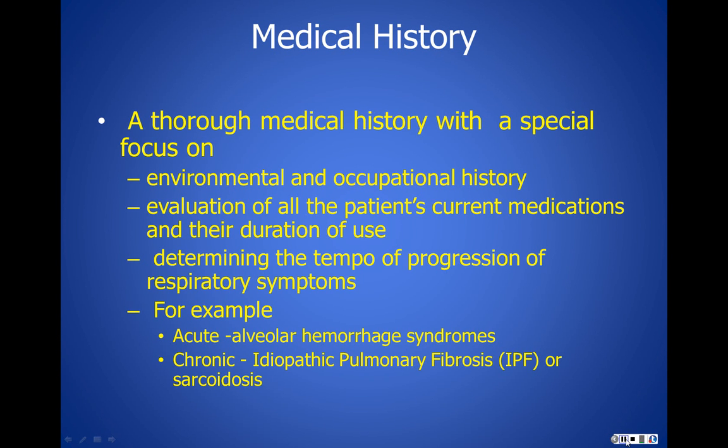So please get the detailed history of those medications. And determine the tempo of progression of respiratory symptoms. Some diseases are acute and some are subacute to chronic. Acute are like alveolar hemorrhage syndromes. Chronic, usually idiopathic pulmonary fibrosis or sarcoidosis.